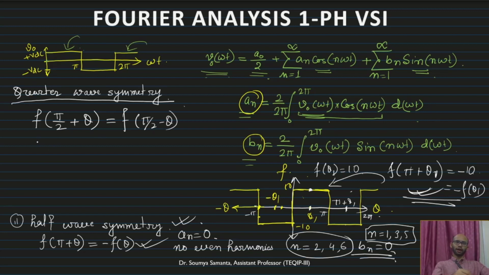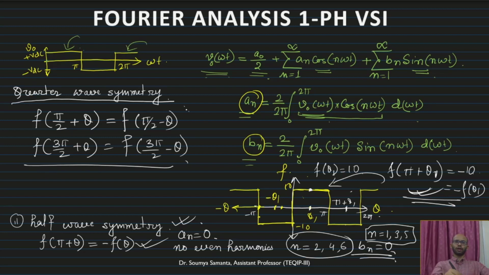In addition, there is another quarter: f of 3 pi by 2 plus theta equals f of 3 pi by 2 minus theta. If these two conditions are satisfied, then we can say that this waveform is having quarter wave symmetry.